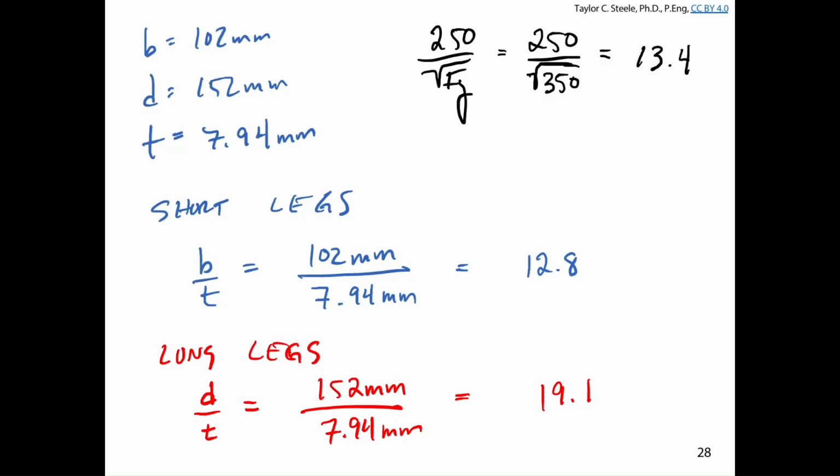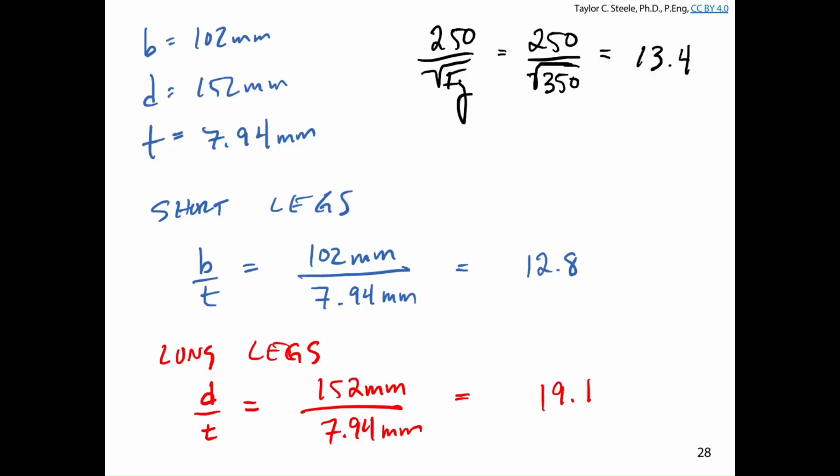So what does that ratio tell us about the short legs and the long legs? Are we going to have local buckling in the short legs? No, we're not going to have local buckling in the short legs. The width to thickness ratio is less than 250 over square root of Fy. For the long legs, though, that's quite a bit higher.